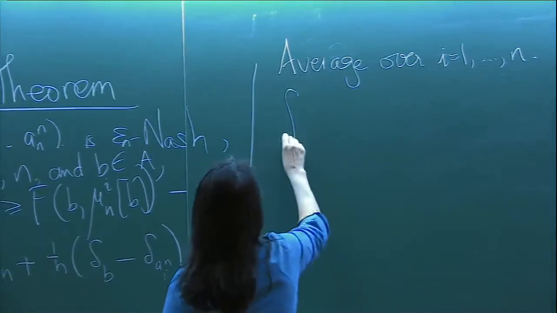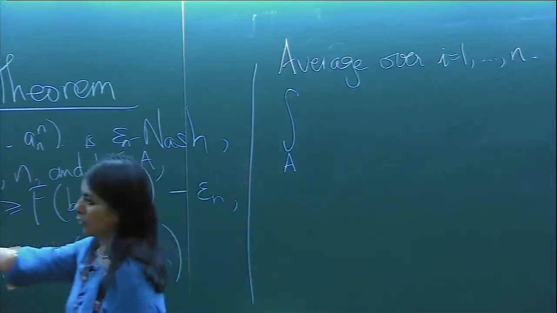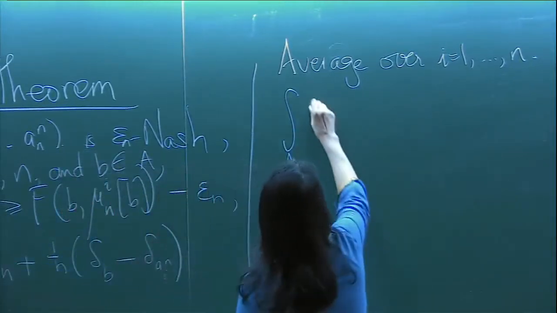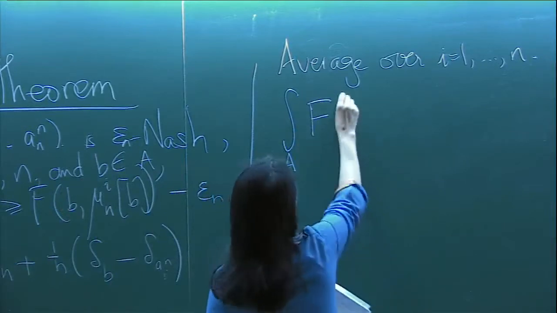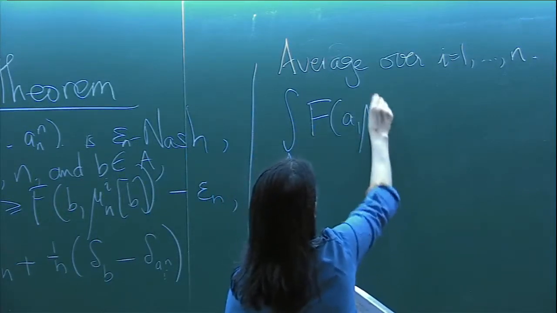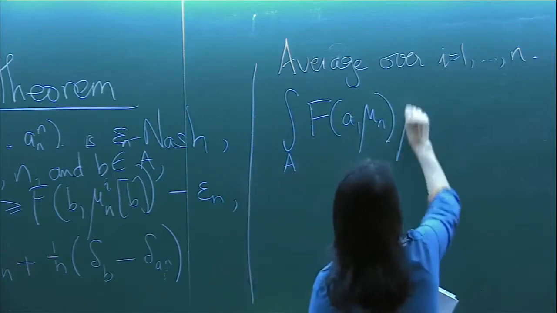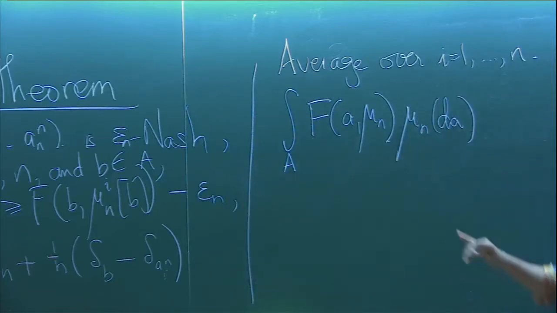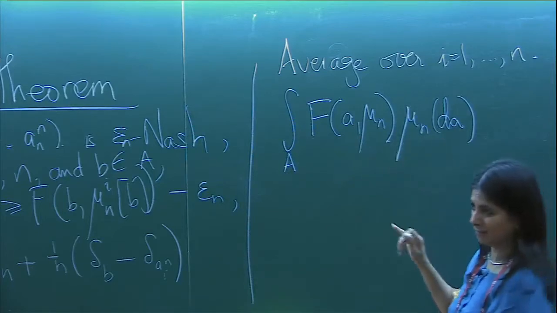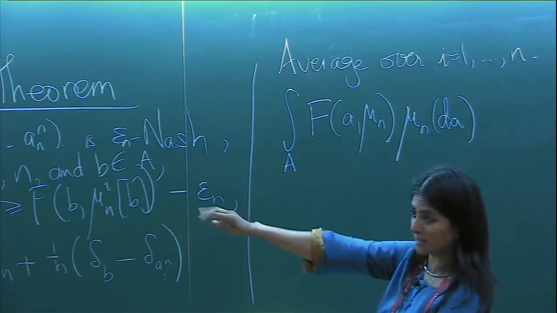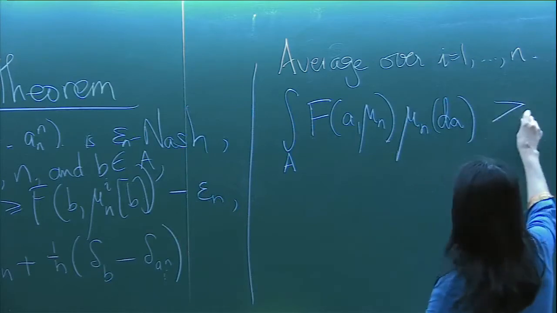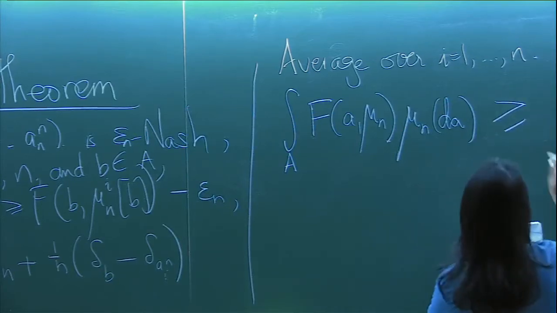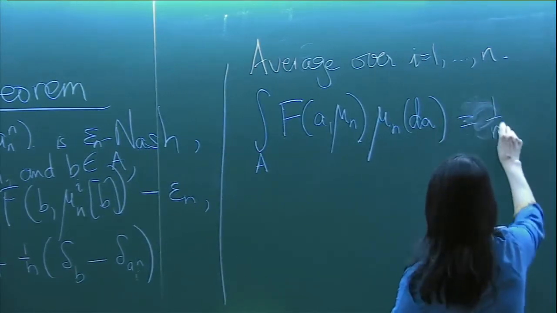I average over this action space, and I'm just going to get the integral of f of a, mu n, dA. Right, is that clear? This is just a sum, just 1 over n times the sum of that. And that's going to be greater than or equal to, so let me write this for clarity.